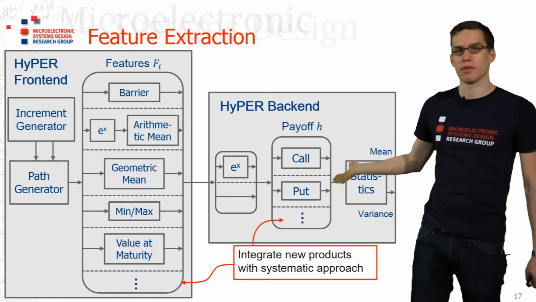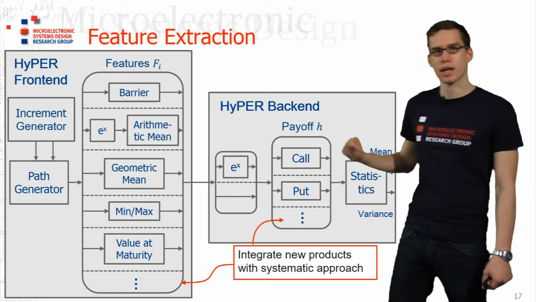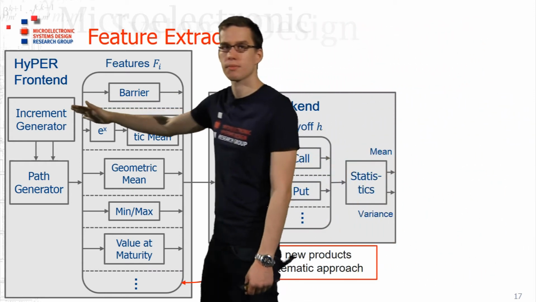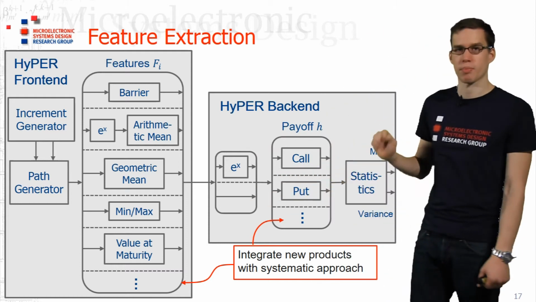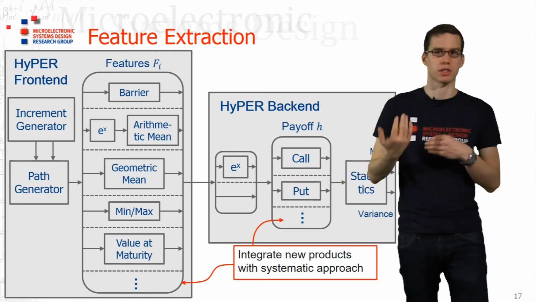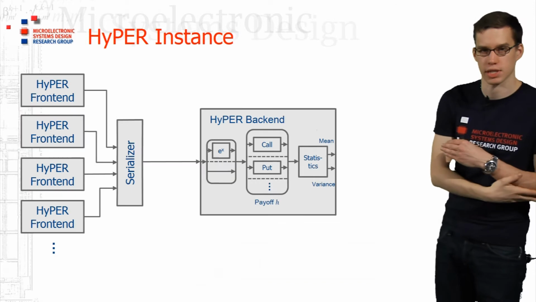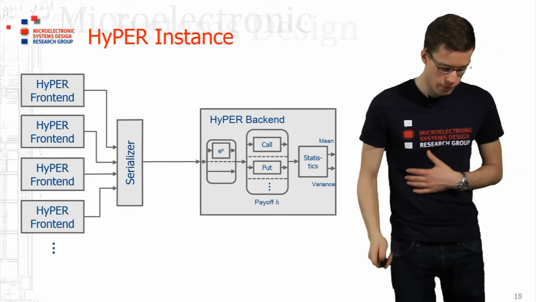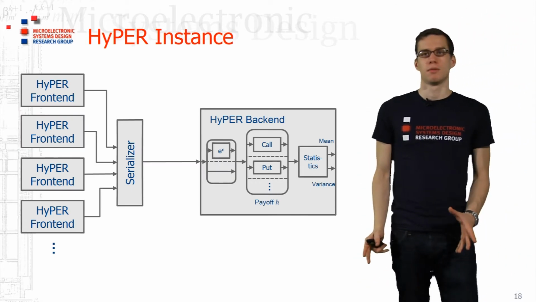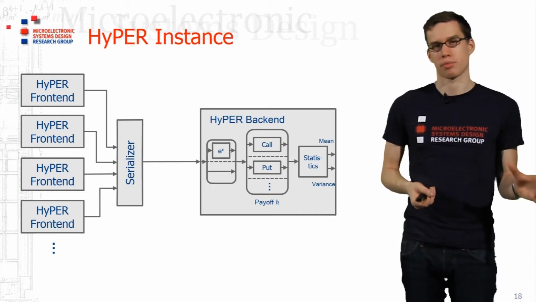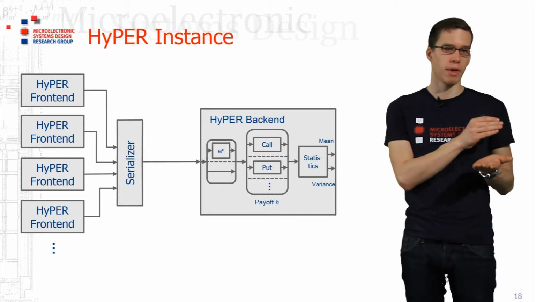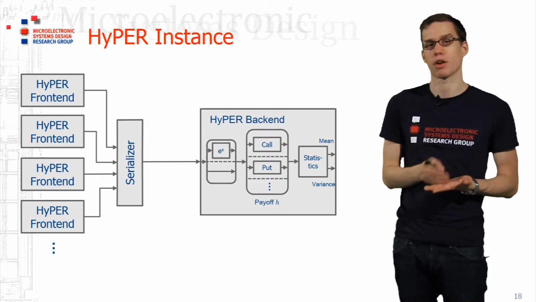And now we can pull everything together. So we can now combine different front ends with a serializer to one back end, because the back end is operating much, much slower, so it can process several front ends. As I said before, we are using a hybrid system. And in a hybrid system, we can make a hardware-software split, as we call it.